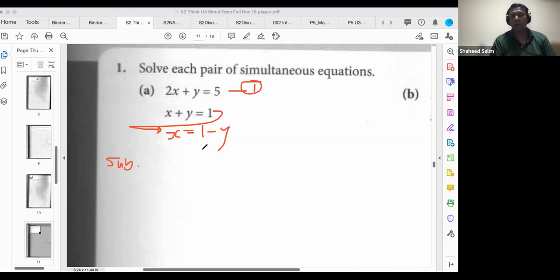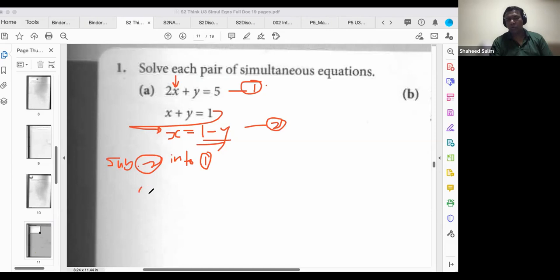This one is equation 2 into equation 1. So what I want you to do, this value of x, put inside here. Replace the x with this. Can or not?